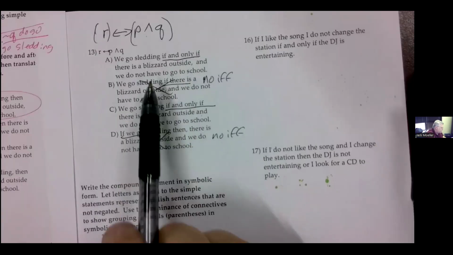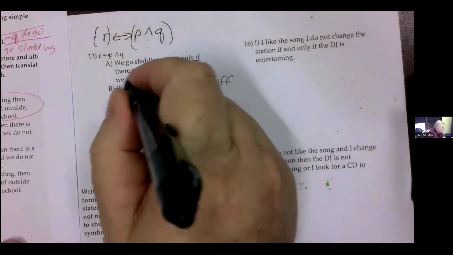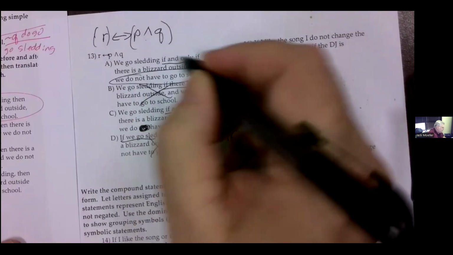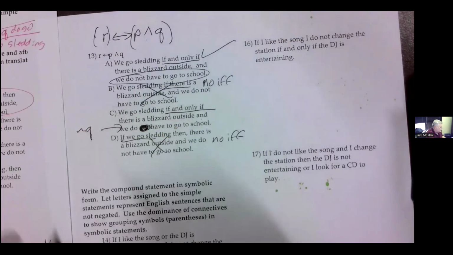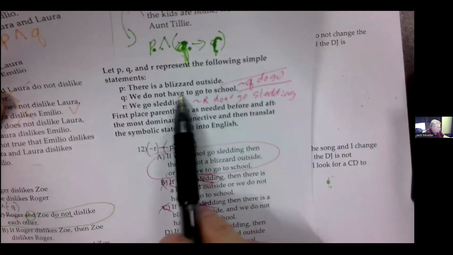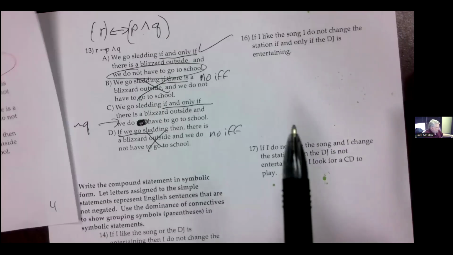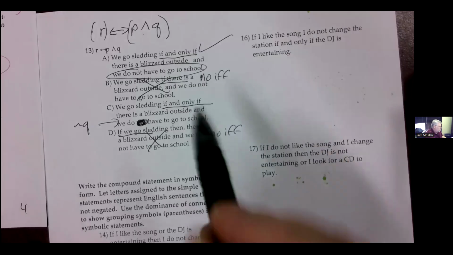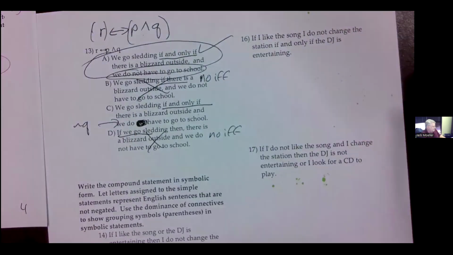So Q means do not have to go to school, where this one is do. So this is what we want. That right there is not Q, because we do have to go to school. Do not is Q, do go is not Q. All right, so A is the answer.